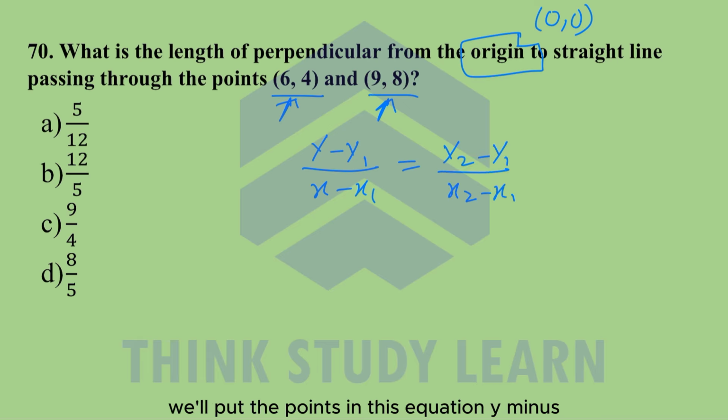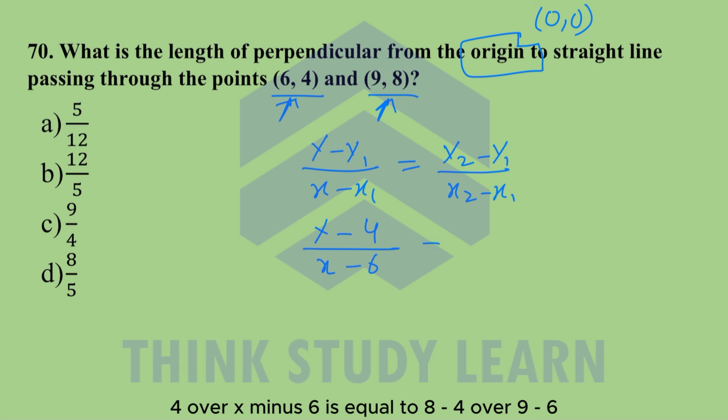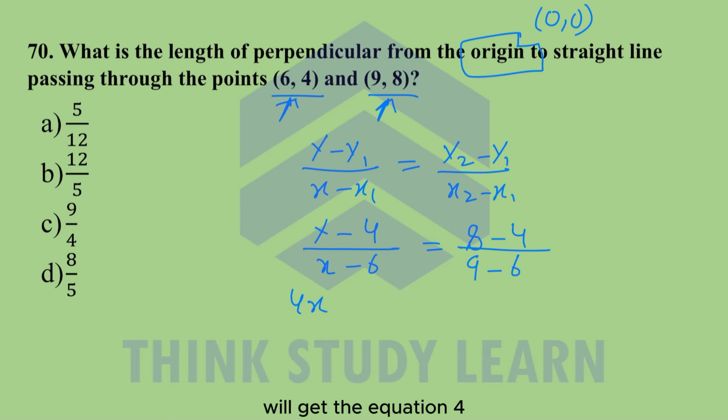We'll put the points in this equation. y minus 4 over x minus 6 is equal to 8 minus 4 over 9 minus 6. We'll get the equation 4x minus 3y minus 12 is equal to 0.